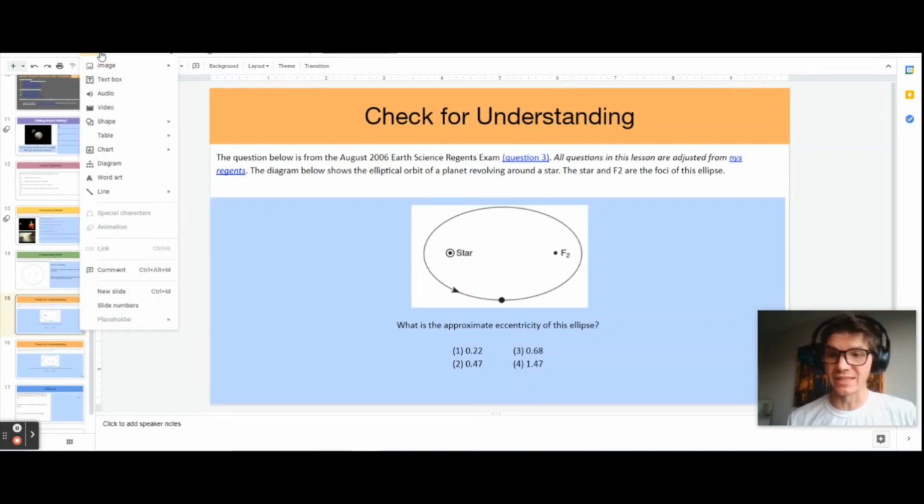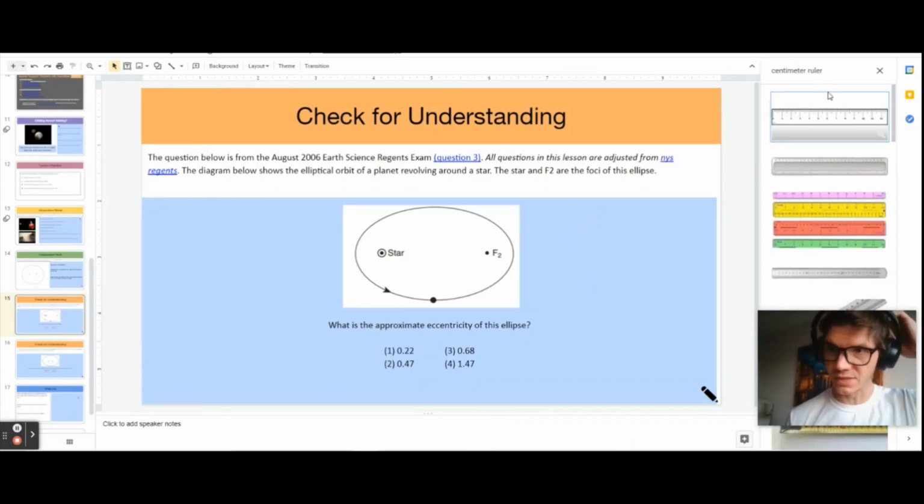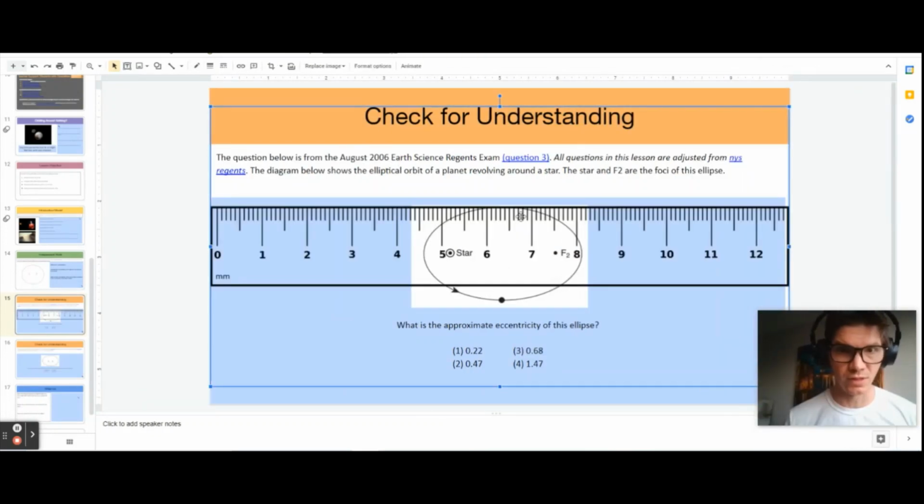As long as I'm using the same measuring device and it has the same equal increments, then when I do the math, the proportion will still be the same. So we can search for a centimeter ruler. I like those because they have the smaller increments, so I can use nearest millimeter for a more exact measurement, or 0.1 centimeter.